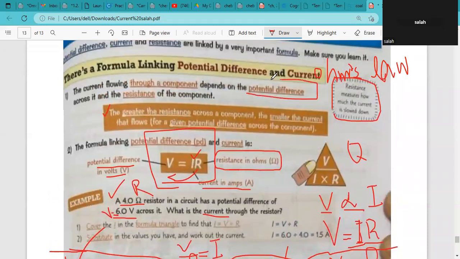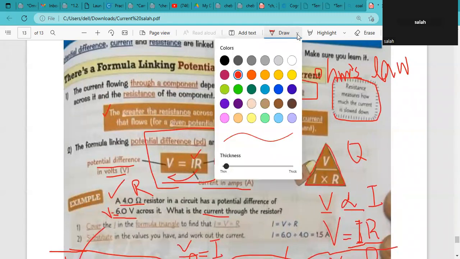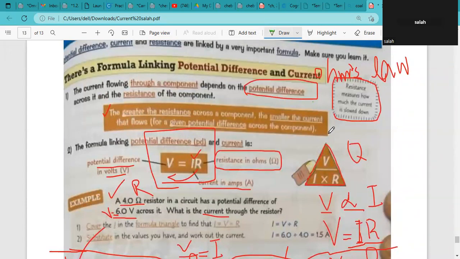And I will show you the picture of how potential difference works. Potential difference actually works like this. This is a mountain, okay? And on this mountain, I have something on the top of the mountain, and everything at the top of the mountain will try to flow down when we release.